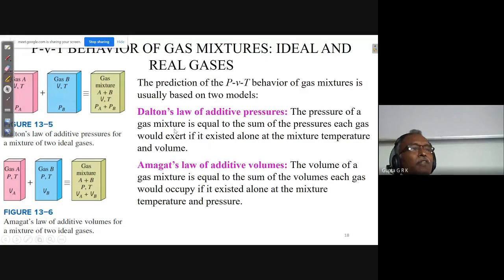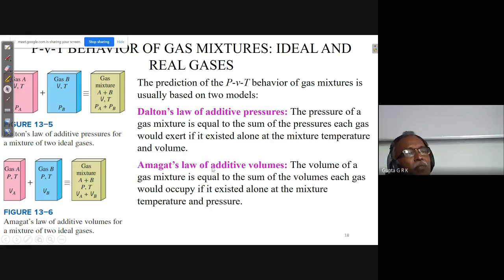The pressure of a gas mixture is equal to the sum of the pressures of each gas that it would exert if it existed alone at the mixture temperature and volume. If only A is there, the pressure will be PA. If only B is there, pressure will be PB. If A and B are both there, the pressure will be PA plus PB. It is an additive law, so Dalton's law of additive pressures.